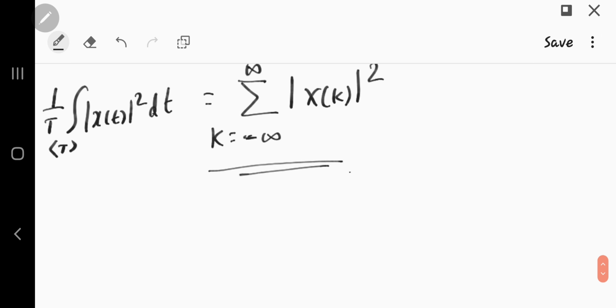Coming to the last one, there is no proof for this; I am just mentioning the symmetry property here.